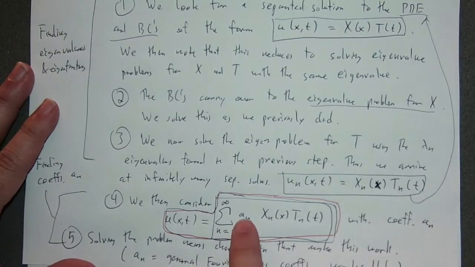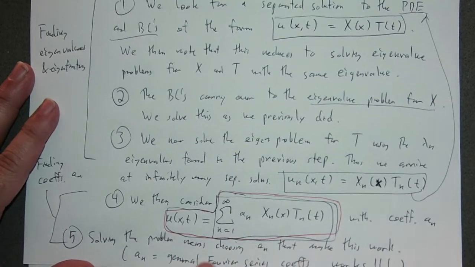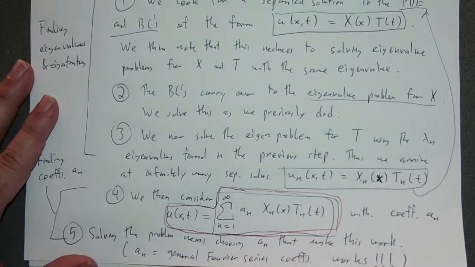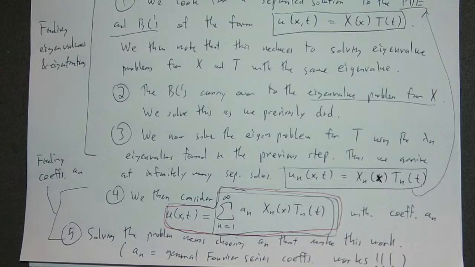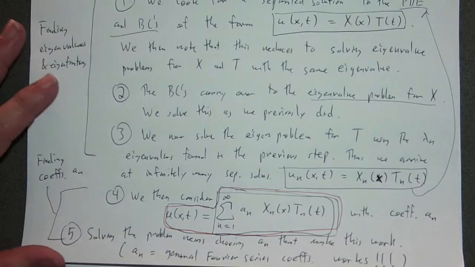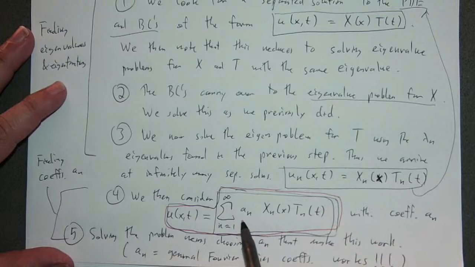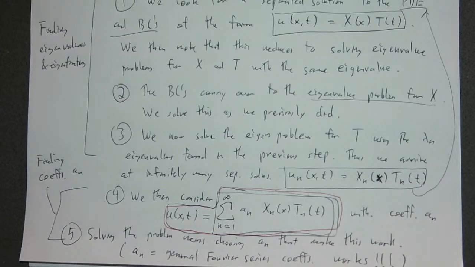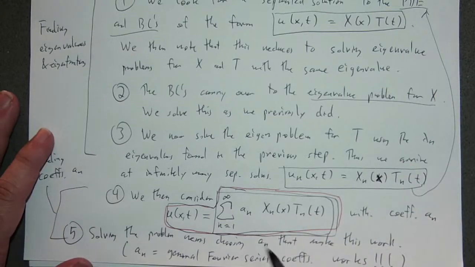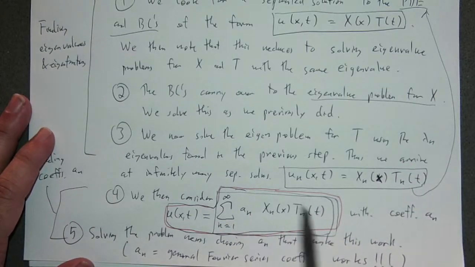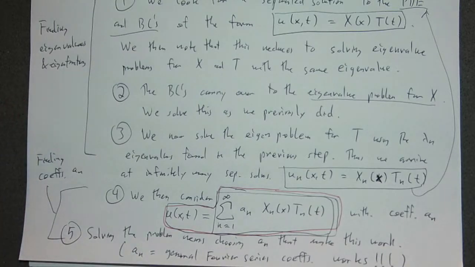The question as to whether or not I can do this is answered in the affirmative: if this a sub n is actually chosen to be these Fourier series coefficients that we have seen so far, then this whole process works. So this is where our Fourier series methods come in, both in solving these eigenvalue problems and in choosing these coefficients to make this infinite linear combination work. And the answer, of course, is that for reasonable functions involved here, this is the case.